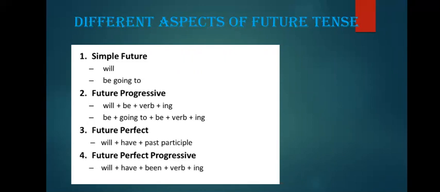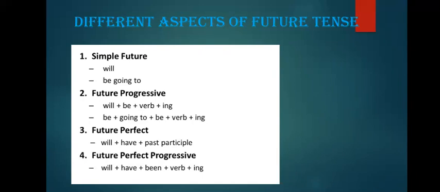Future progressive is actually future continuous tense. Over here, you will use the subject, just like he or she, I, we, you. Then comes the helping verb that is will, plus be, which is the future auxiliary. Auxiliary is also a kind of helping verb, right?